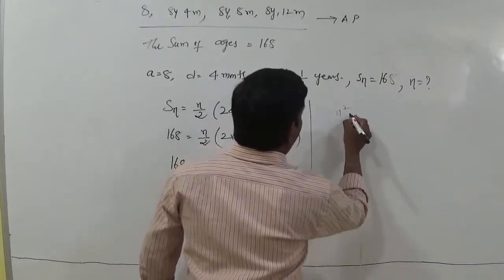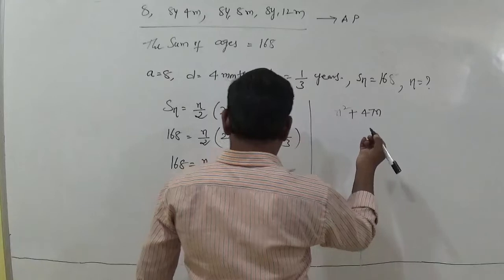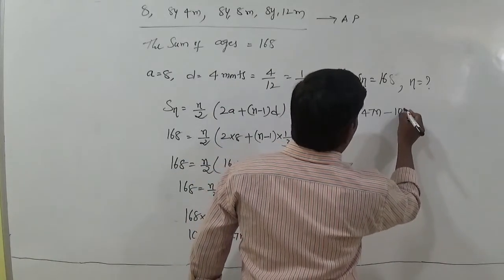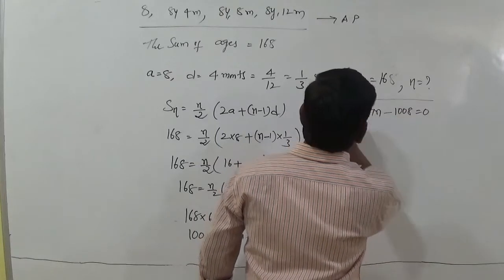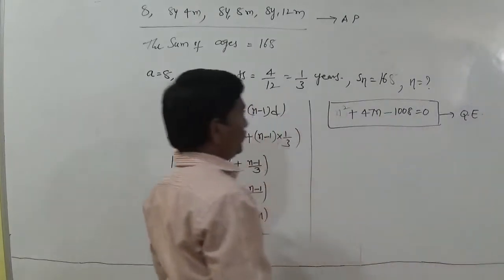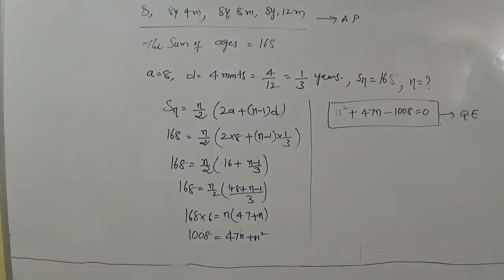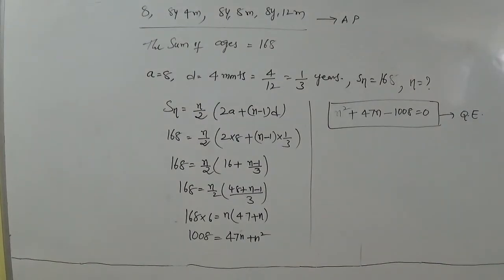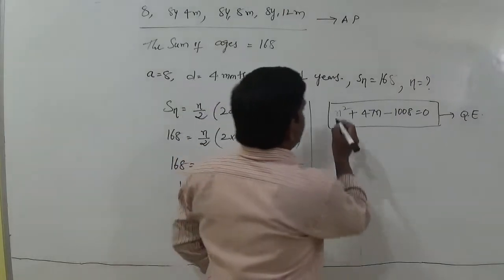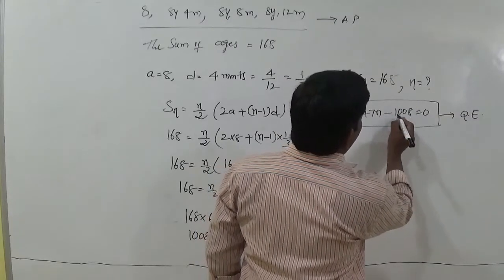N square plus 47n minus 1008 equal to 0. It is a quadratic equation.